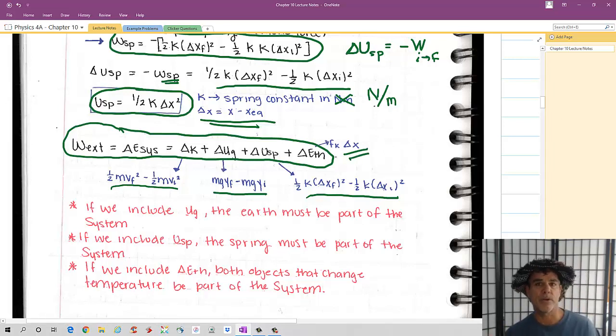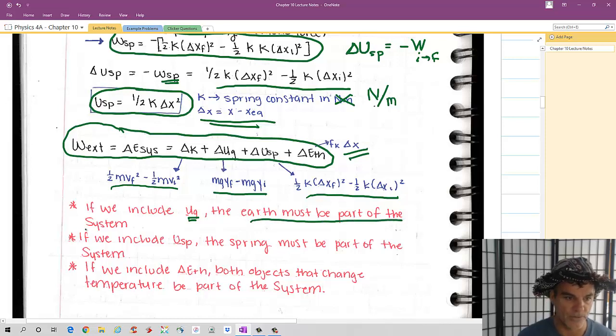So here are 3 big things in terms of defining your system that you need to keep in mind. In essence, gravitational potential energy and elastic potential energy are interactions between 2 or more objects. Gravitational potential energy is the interaction between the Earth and an object, which means if I'm going to include gravitational potential energy, I have to have the Earth as part of my system.